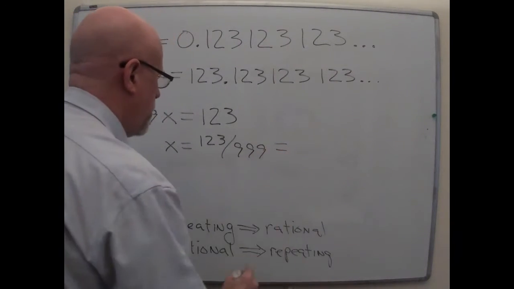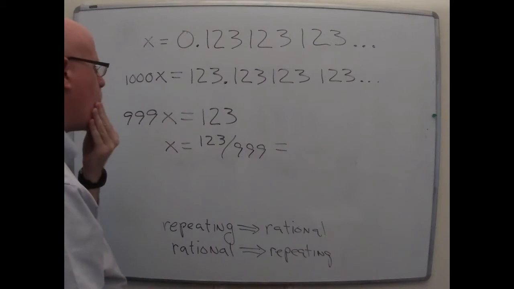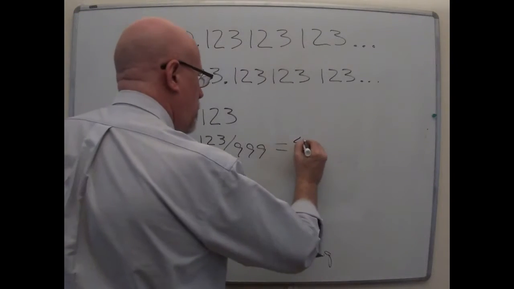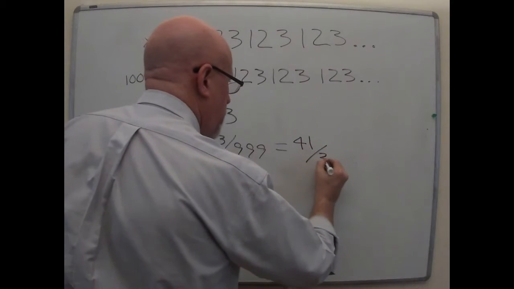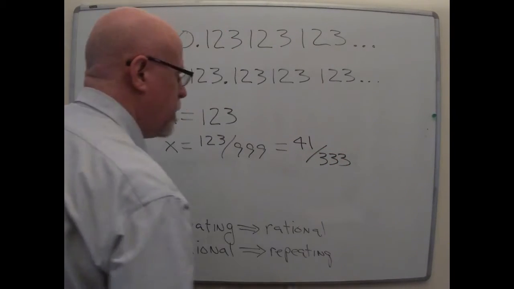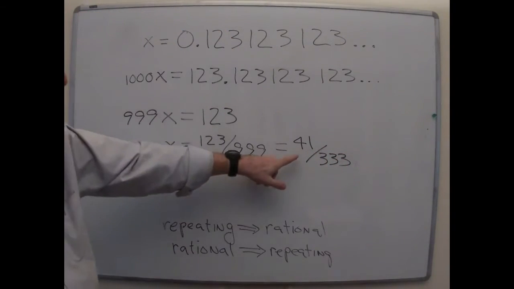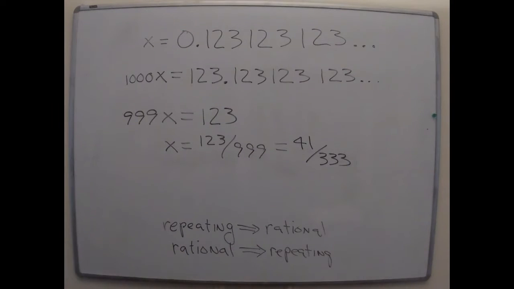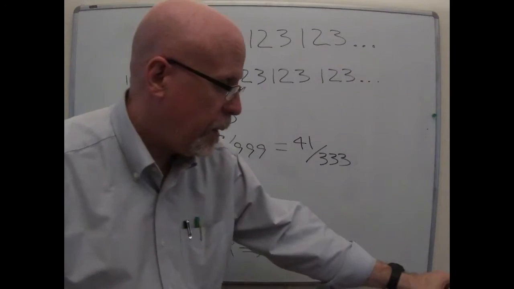So this should be 41 over 333. I believe that's in lowest terms. It has to be because 41 is a prime number. Okay. So anyway, the point is, if you've got a repeating pattern of a given length, you can deduce that the number is rational. And you could run through similar algebra on any repeating pattern.